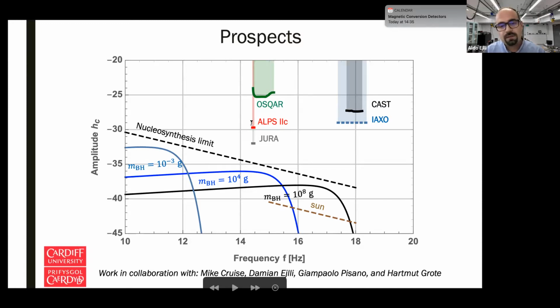As we can see, it's promising that we are approaching meaningful sensitivities in order to go below the nucleosynthesis limit, but still we are far.